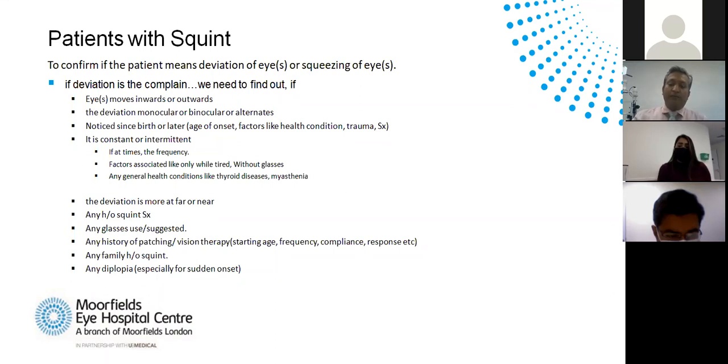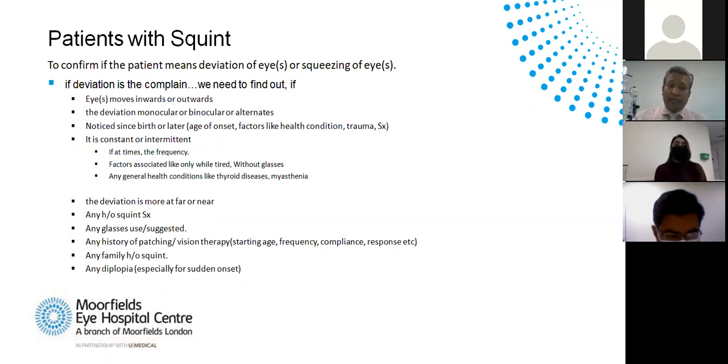And we need to know if that was noticed since birth, or it gradually developed over time, or if there was any trauma or surgery after which the person started getting this kind of issue. Some kind of trauma can lead to squint and diplopia, so that is very important.